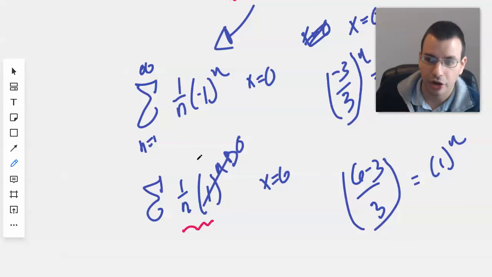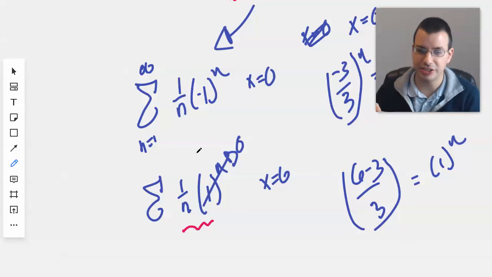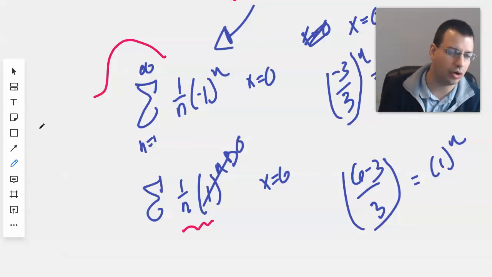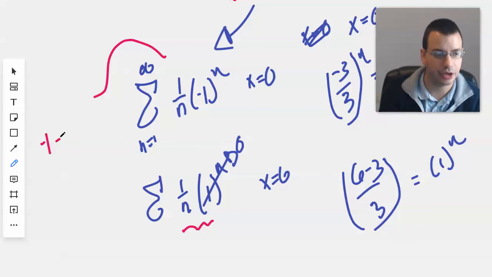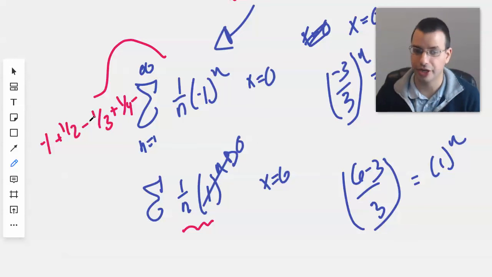But there's also another test called the alternating series test. The requirement for the alternating series test is the terms have to go to 0. So 1 over infinity does go to 0. And it alternates back and forth. So this would be negative 1 plus 1/2 minus 1/3 plus 1/4, and so forth, and the signs would alternate.